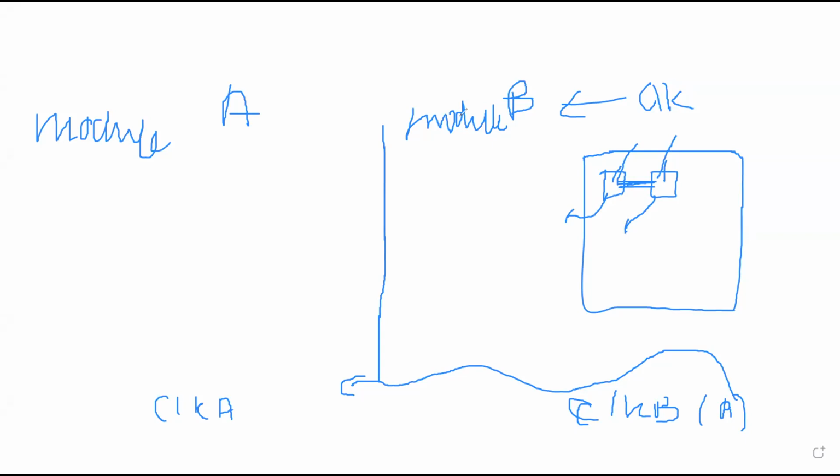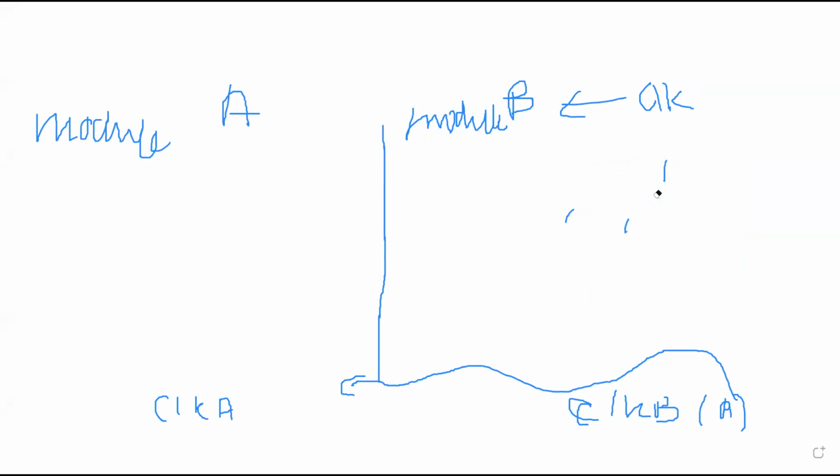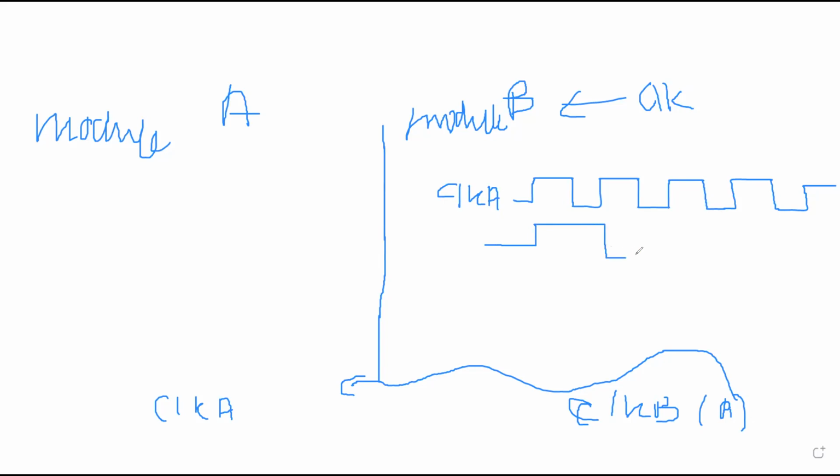So let's suppose I have some clock, clock A, and one pulse which is being toggled over here.